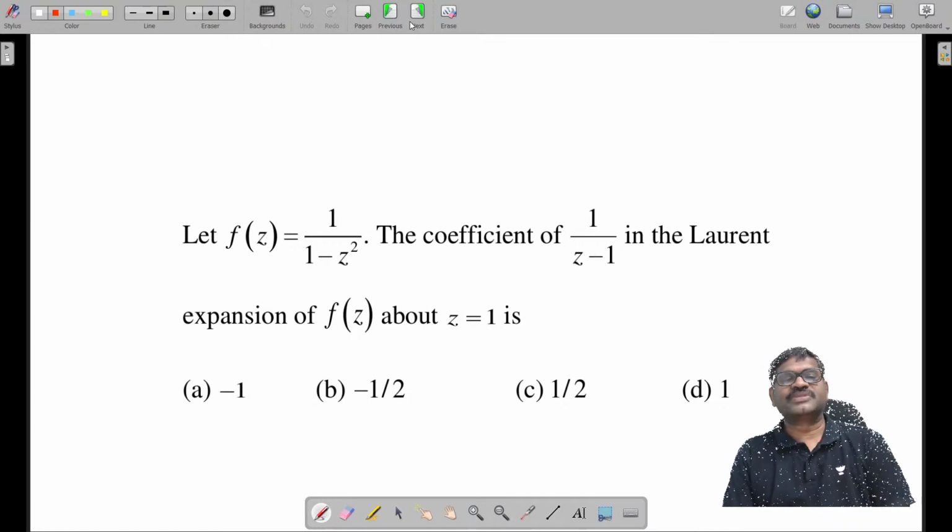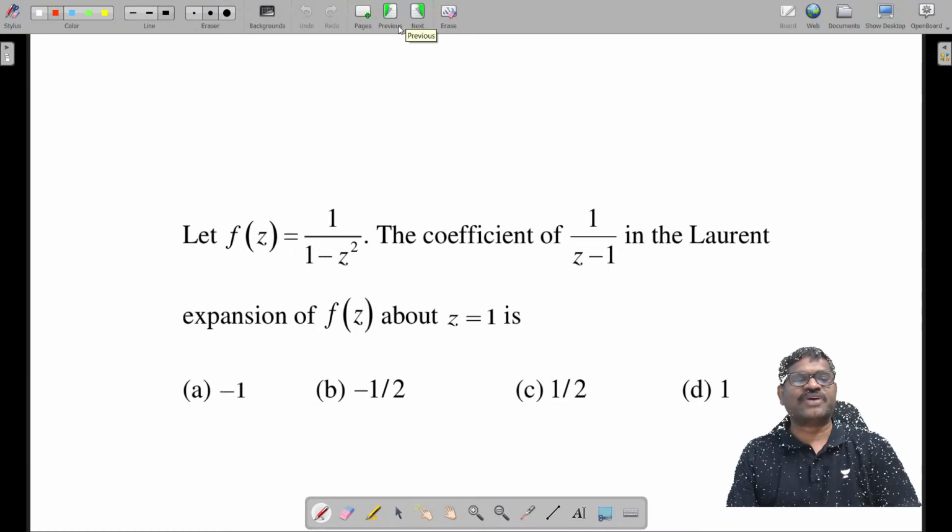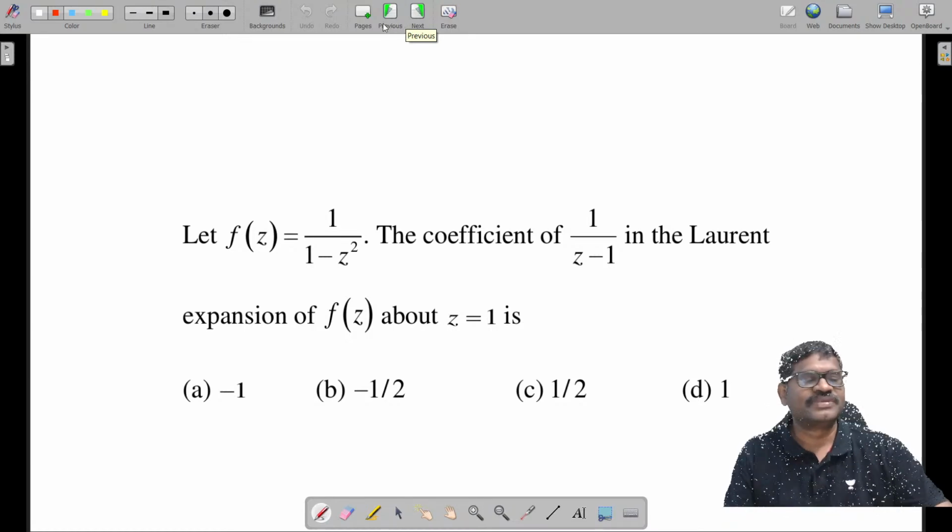Next problem. Let f of z be 1 by (1 minus z) square. We have to find the coefficient of 1 by (z minus 1) in the Laurent series expansion of f of z at z equal to 1.